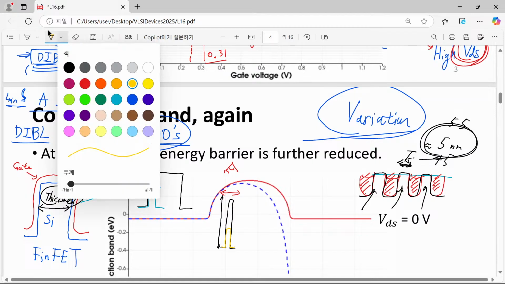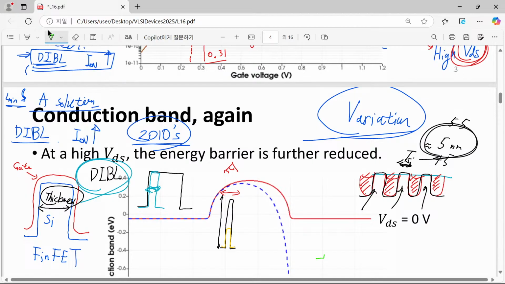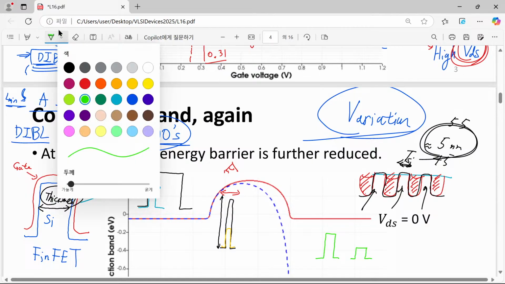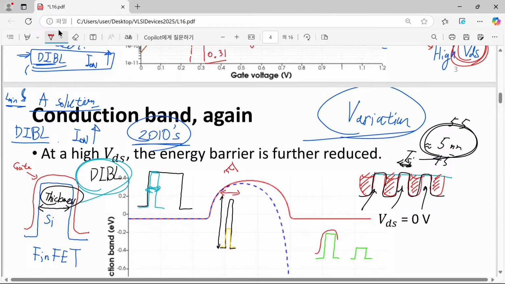So let me just give you this question. Let's say that this is a relatively tall fin and this is a relatively short fin, and we want to introduce gate metal. This is gate and this is gate. So what happens? In this case, the effective channel is just given as the length of this, this, and that length.